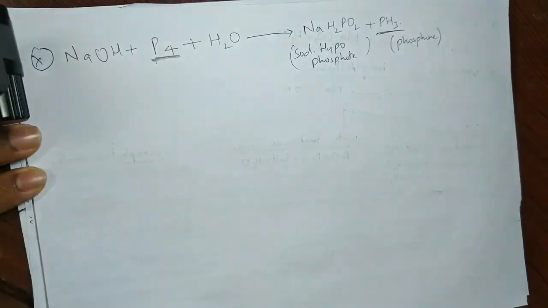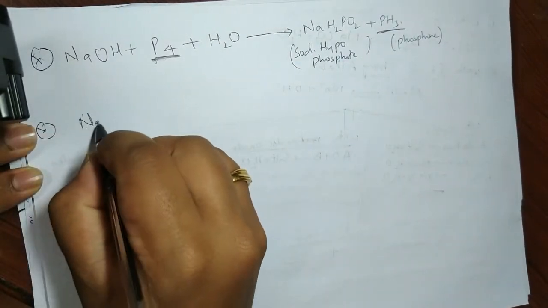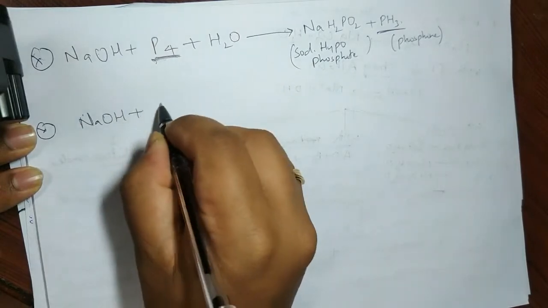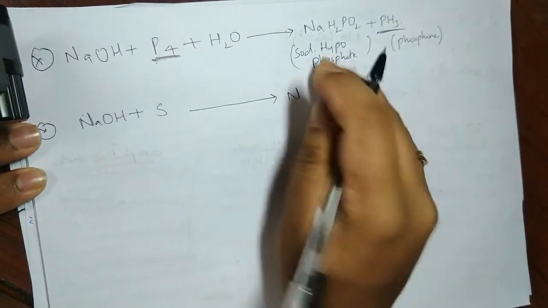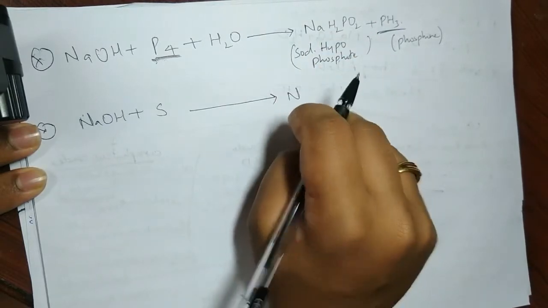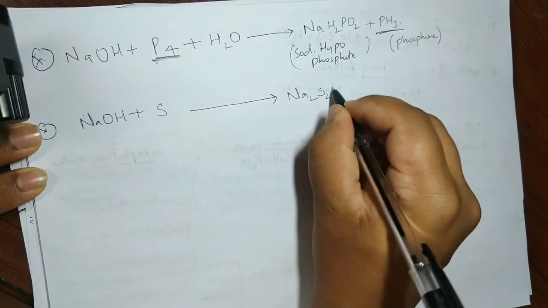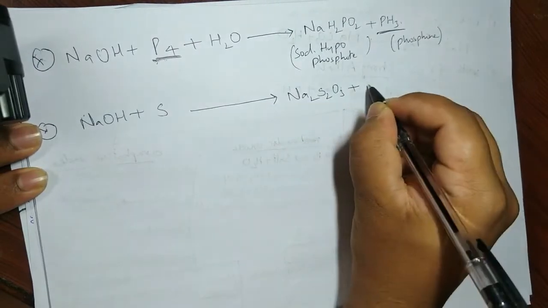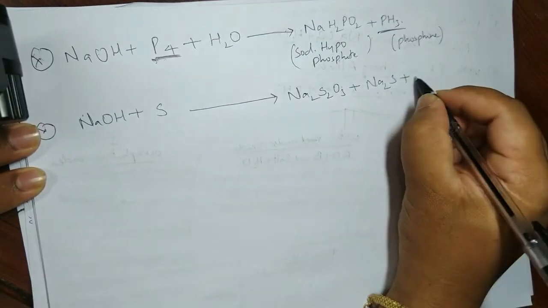Now with phosphorus also done, then with sulfur. So NaOH on treating with sulfur, not the same sodium hypophosphite, here we get thiosulfate, Na2S2O3 plus Na2S, sodium sulfide plus water.